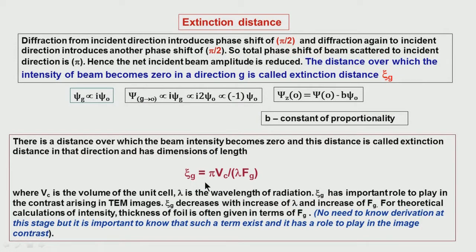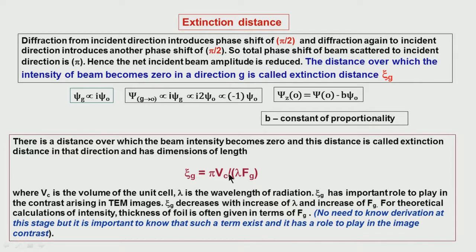What all factors does this depend on? One, it depends upon the volume of the unit cell. If the unit cell volume is large, the scattering is going to be small, so this psi G becomes large, because the number of atoms is going to be less. And what is Fg? Fg is the structure factor, for a particular scattering.